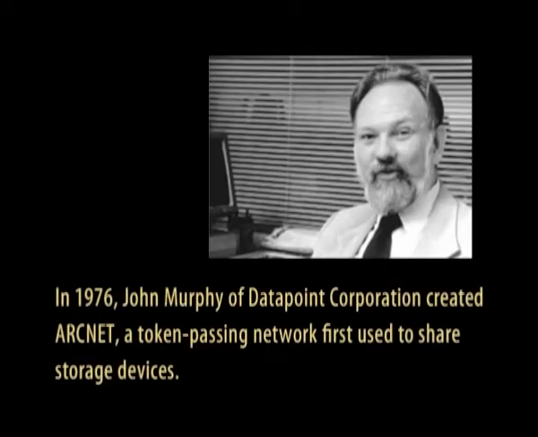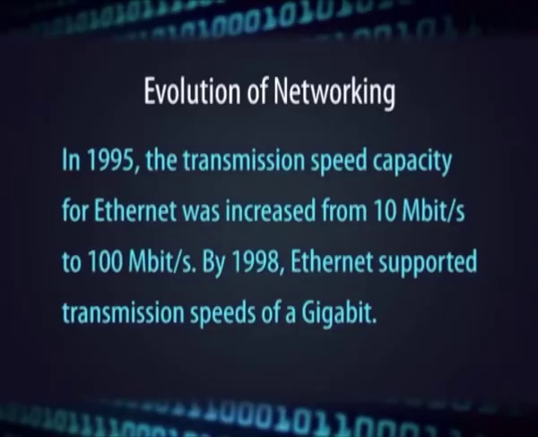In 1979, Robert Metcalfe pursued making Ethernet an open standard. In 1976, John Murphy of Datapoint Corporation created ARCNET, a token passing network first used to share storage devices. In 1995, the transmission speed capacity for Ethernet was increased from 10 megabits per second to 100 megabits per second.